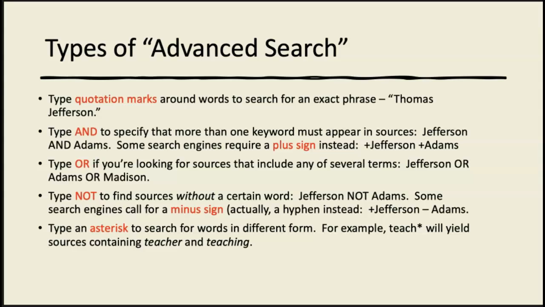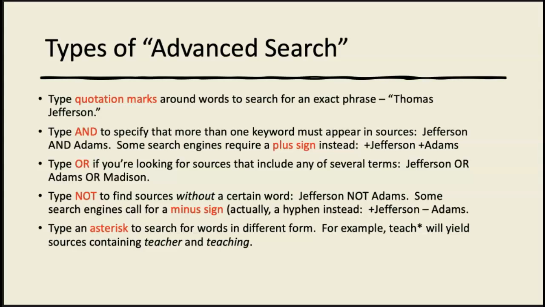So maybe I want to search Jefferson AND Adams so that I can get results that contain both of these guys, or the things they did together in politics or in the government. Some search engines, instead of using AND, would rather you use a plus sign. So if I wanted both Jefferson and Adams, I would say plus Jefferson plus Adams.